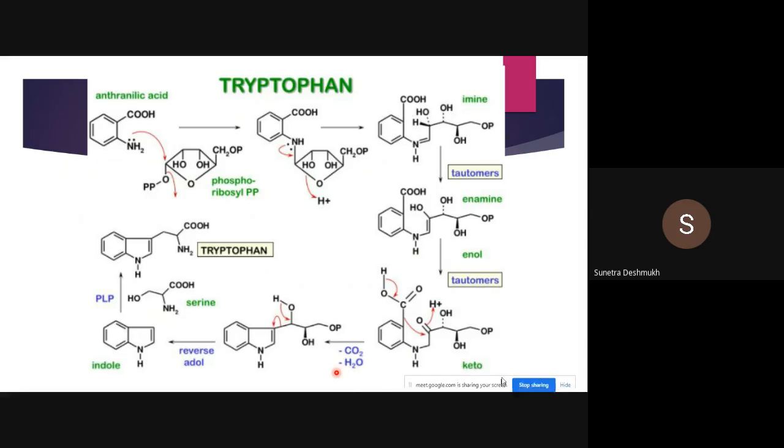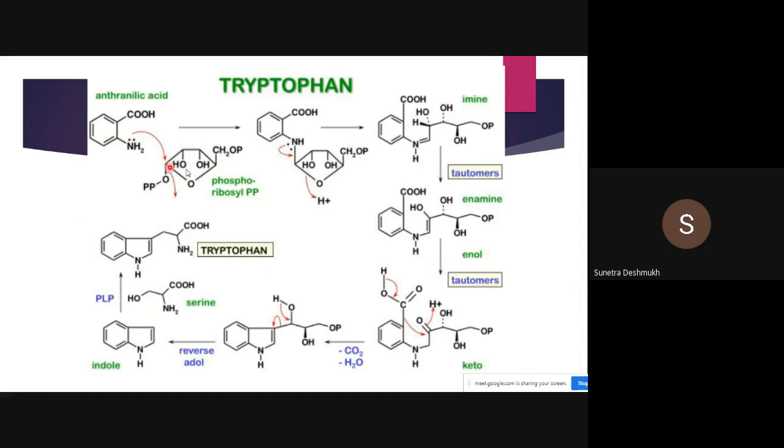So here is the schematic representation of the synthesis of tryptophan from anthranilic acid. Here is the anthranilic acid and phosphoribosyl pyrophosphate. With the help of phosphoribosyl pyrophosphate, we can carry out the different reactions of tryptophan synthesis. So here is the mechanistic, biosynthetic pathway.